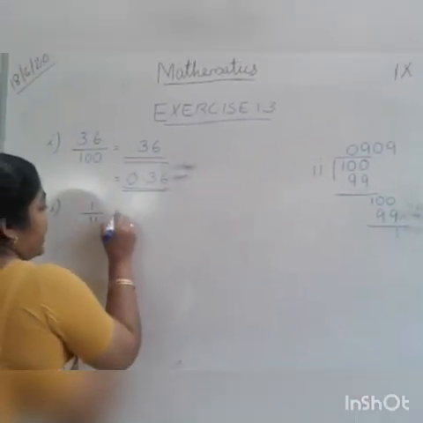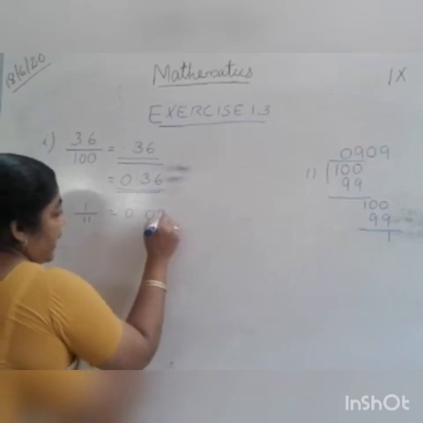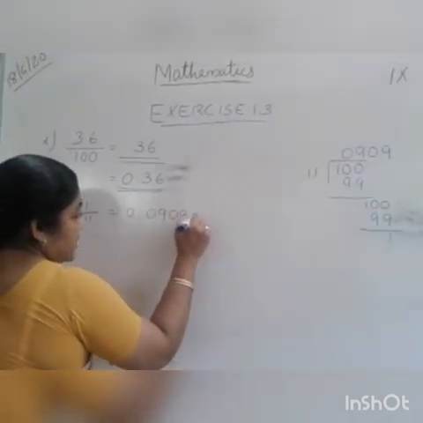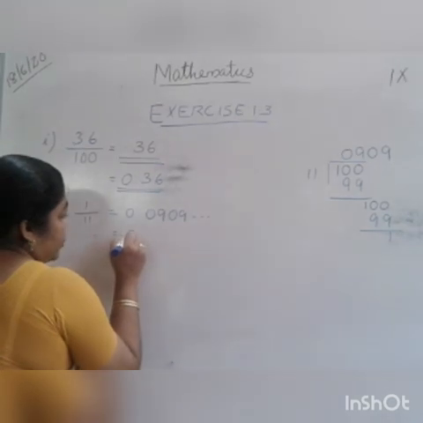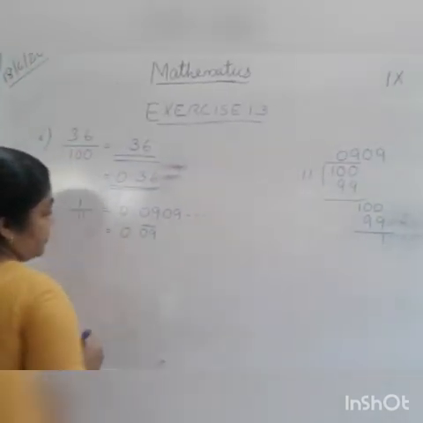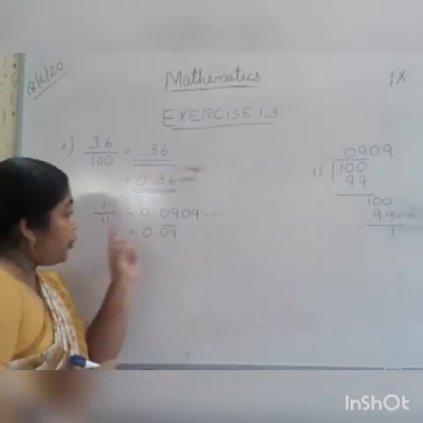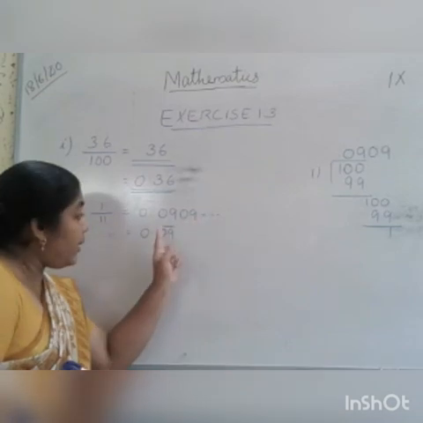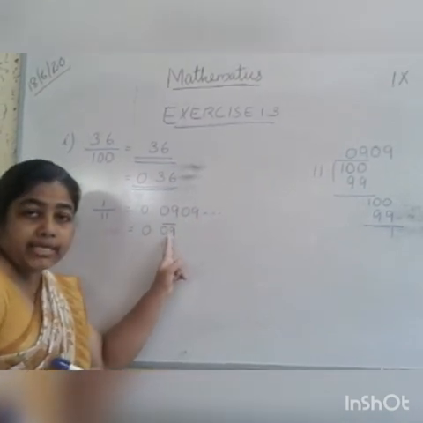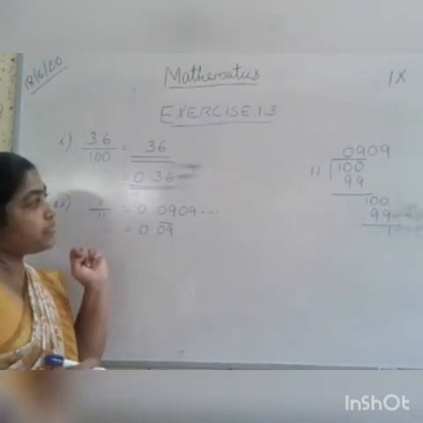So we can write the answer as 0.0909 etc. That is equal to 0.09 bar. 0 and 9 is repeating. This is non-terminating recurring. This is a rational number.